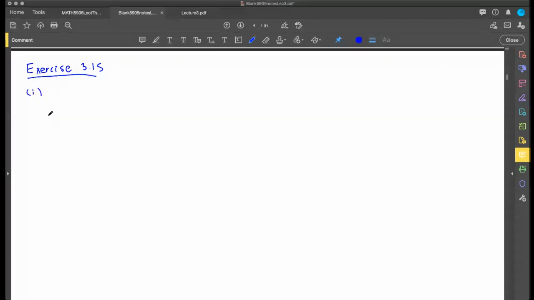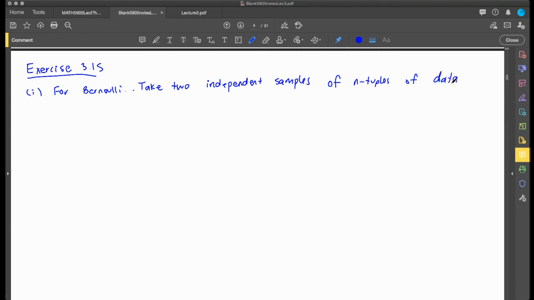So our first case, well, this is the Bernoulli case. What do we want to do? Well, first, we're going to take two independent samples of n-tuples of data, so n observations.